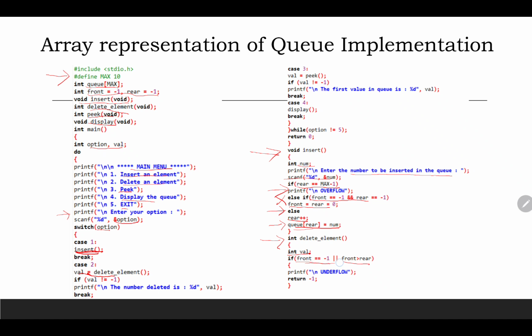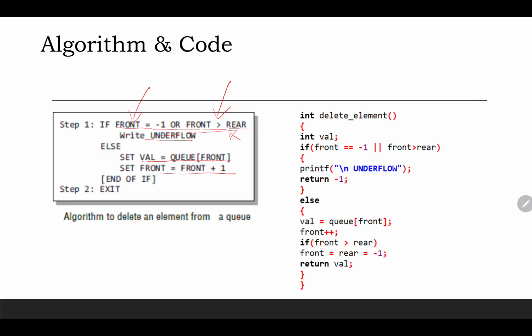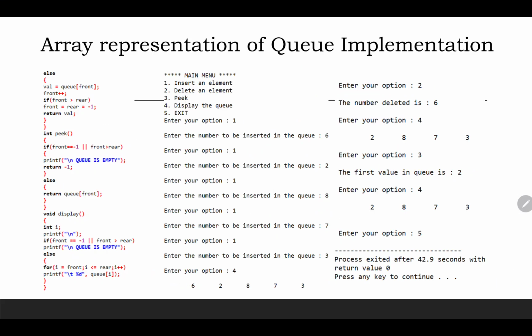So for checking that also we use this condition. If either condition is true, it will print the message underflow and return -1. Suppose that condition is false, we assign the value of the front position here, then we increment the value of front. After that we check whether front is greater than rear.